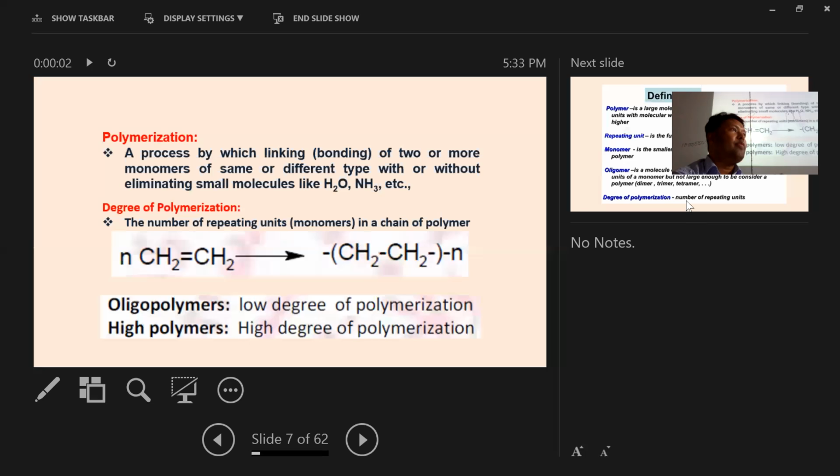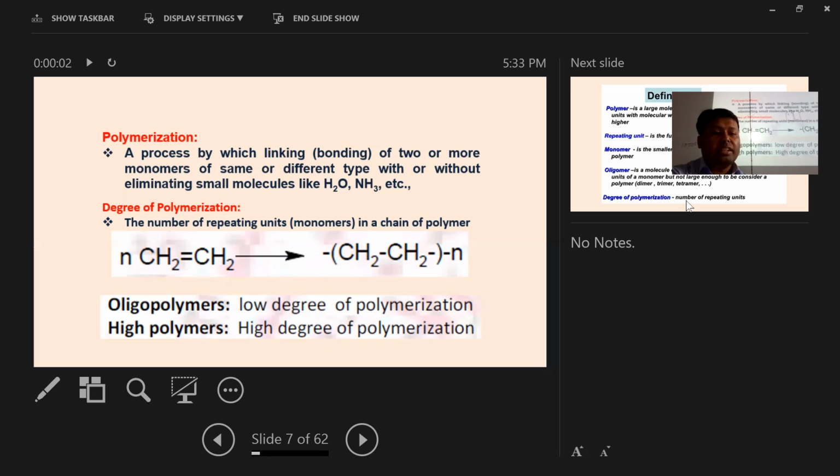But sometimes we can have two different types or several types of repeating unit also. In that case, we will get different types of polymers, but later we will see. But polymerization is the process to make a polymer from monomer units. Degree of polymerization, as already mentioned, is how many molecules are combined to form the polymer.